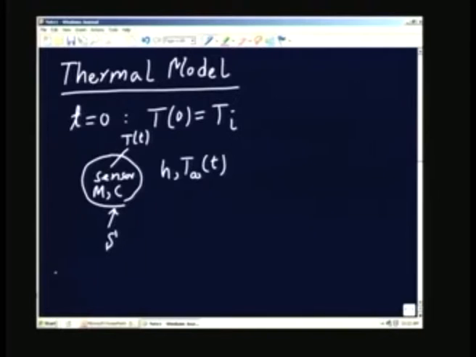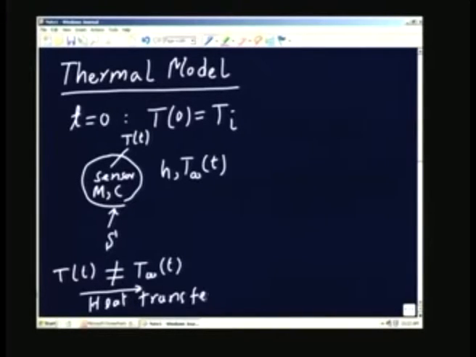Suppose if we say that T at any instant t is not equal to T infinity at that particular instant of time, there will be heat transfer in this direction. Of course, depending on which temperature is higher, the heat transfer direction will depend on the direction of decreasing temperature. It will be in the direction of decreasing temperature.